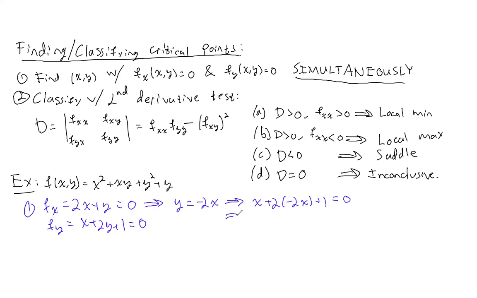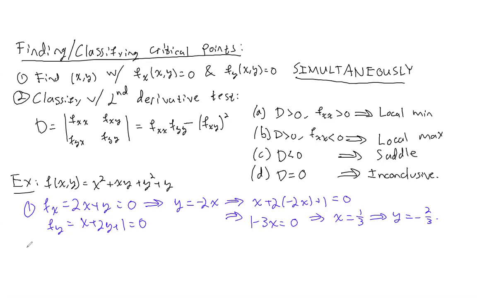Or in other words, that's x plus negative 4x plus 1, or 1 minus 3x equals 0. Or x equals 1/3. And if x equals 1/3, that means y has to equal negative 2/3. That's our only critical point in this case. It's the only one.